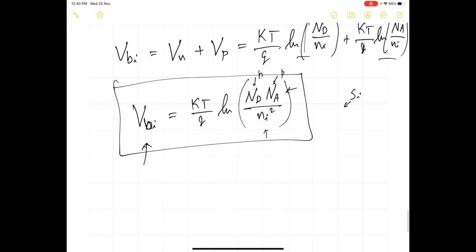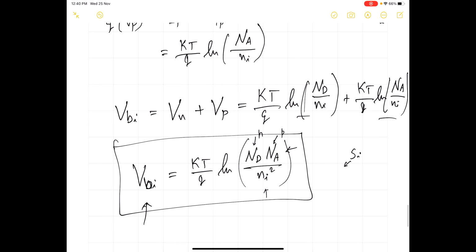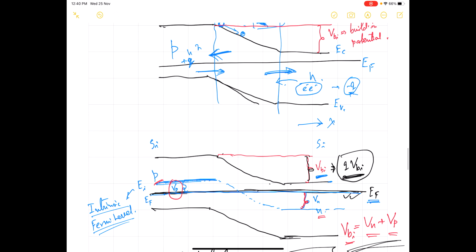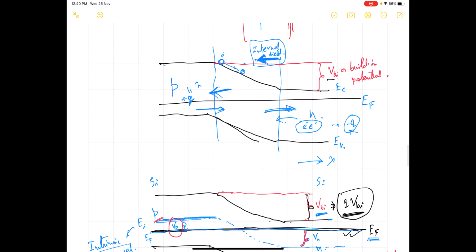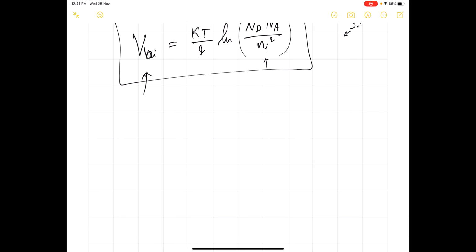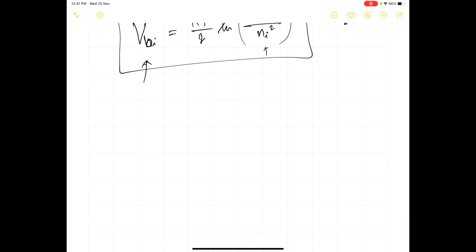The next part we will talk about: we have discussed Vbi, what the potential energy is here. Now what about the width we are talking about, the depletion region width? Let me discuss that a little bit, then we end today's class.